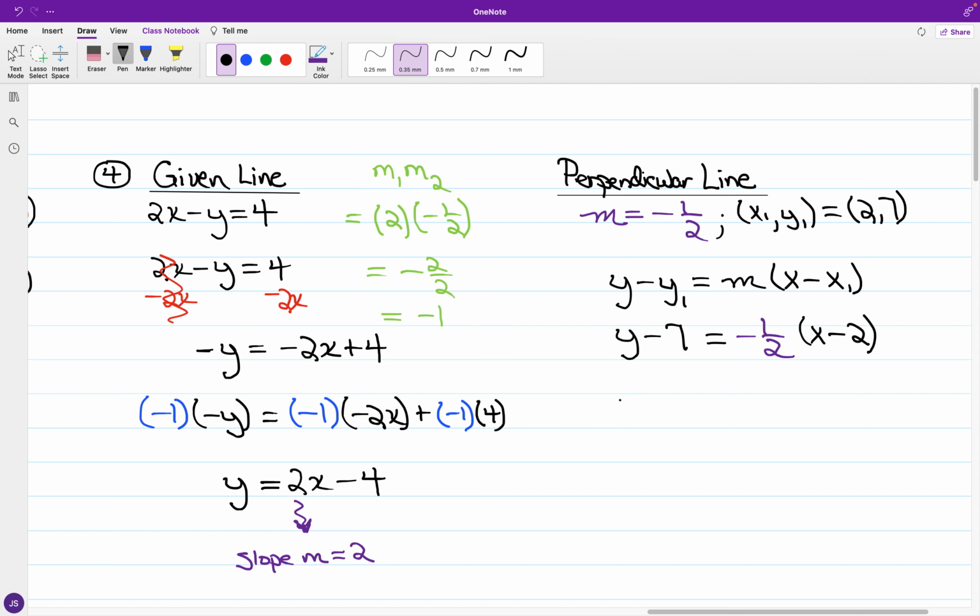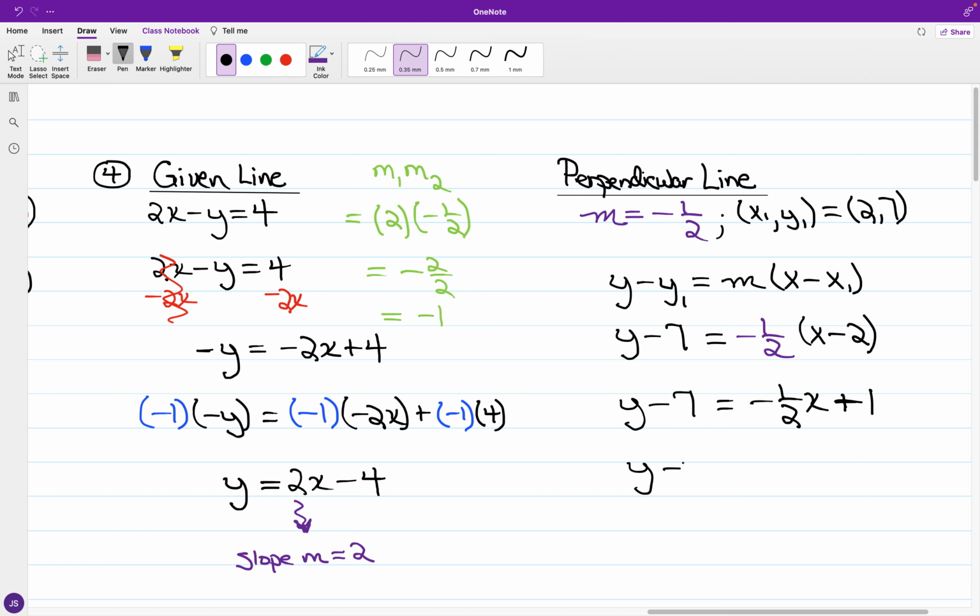Now for the slope intercept, I'm looking at distribution. So I have y minus 7 on the left, and on the right, negative 1/2 times x, so I have minus 1/2 of x. And for negative 1/2 times negative 2, that's going to be positive 2/2, or in this case, positive 1.